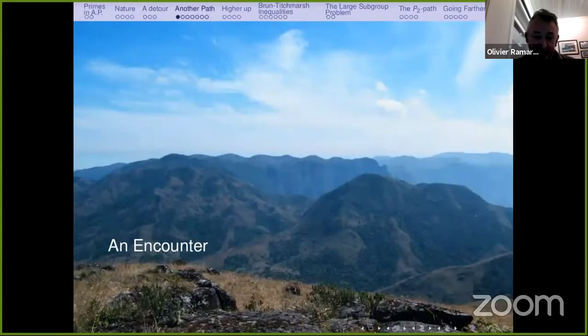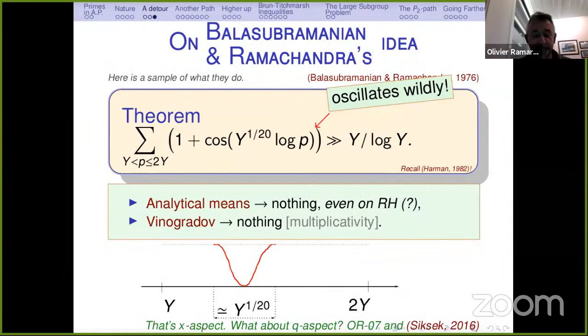And what we know how to do, we know how to handle intervals of length y to the 1 over 10 by Harman, essentially. Maybe it has been improved in between. I'm not so sure. That's why I put y to the 1 over 20. So I'm sure that this one we're not able to handle now. But on the Riemann hypothesis, we can handle it.